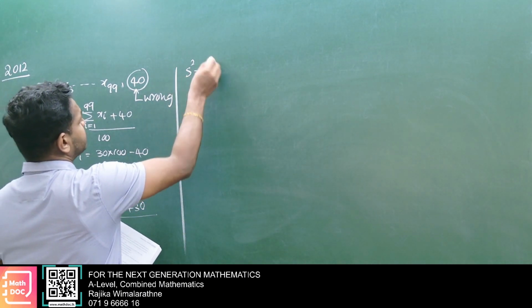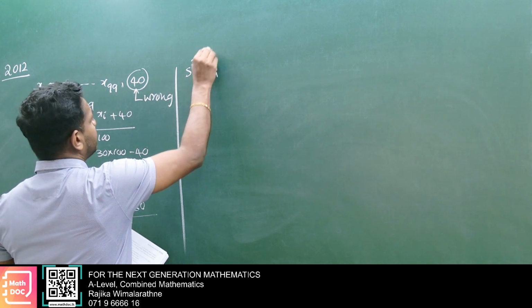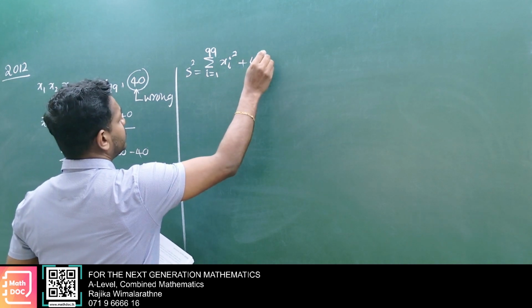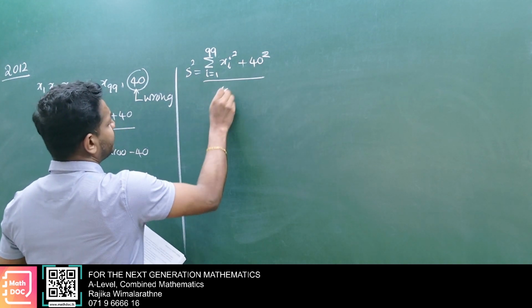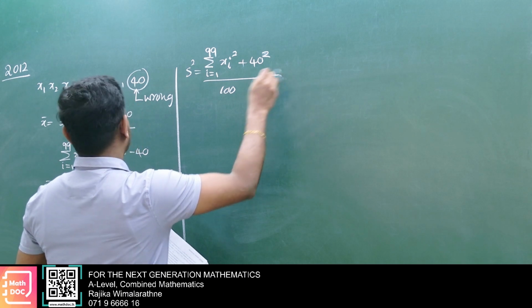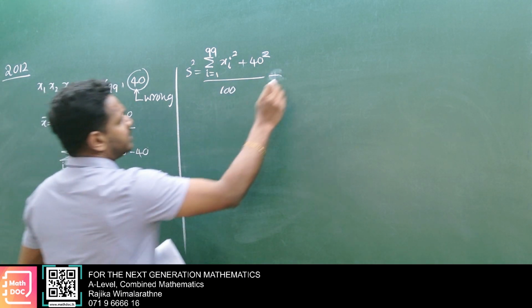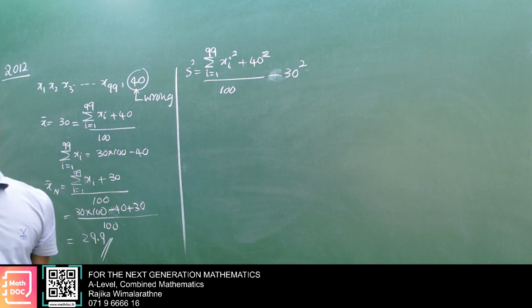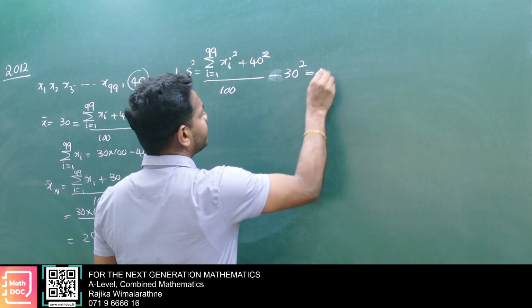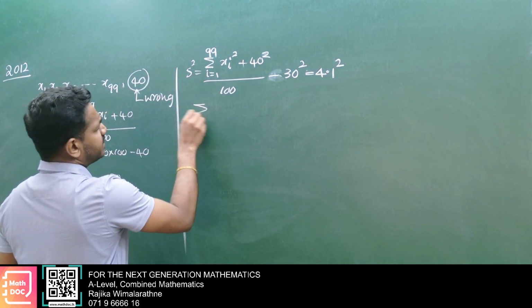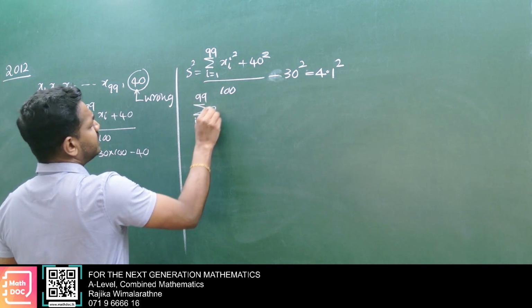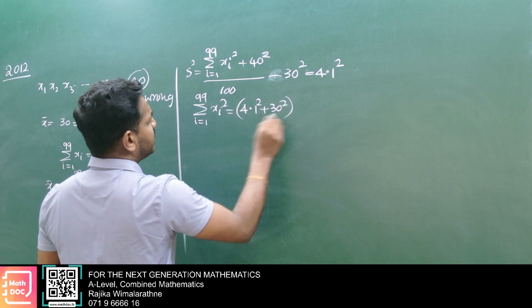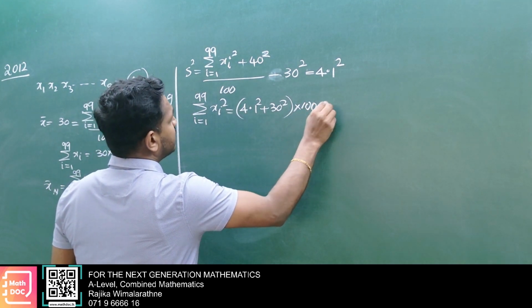Then S squared equals sigma i equals 1 to 99 of xi squared plus its own value 40 squared, divided by 100, minus the mean squared. Here the mean value is given as 30. Now S is given as 4.1, so 4.1 squared. Then sigma xi squared equals 4.1 squared plus 30 squared, into 100, minus 40 squared.